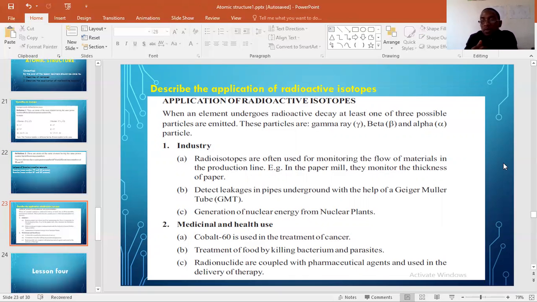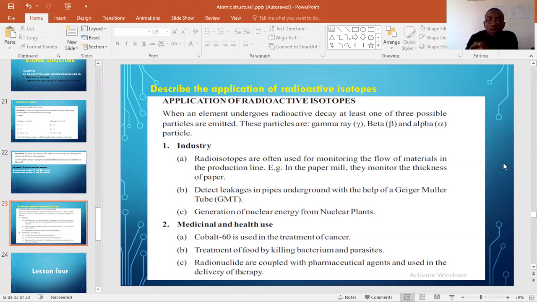In the paper industry, they use these radioactive particles to monitor the thickness of the paper. If you want to be producing the same thickness of paper, then you use these radioactive isotopes to monitor the thickness of the paper that you'll be producing.